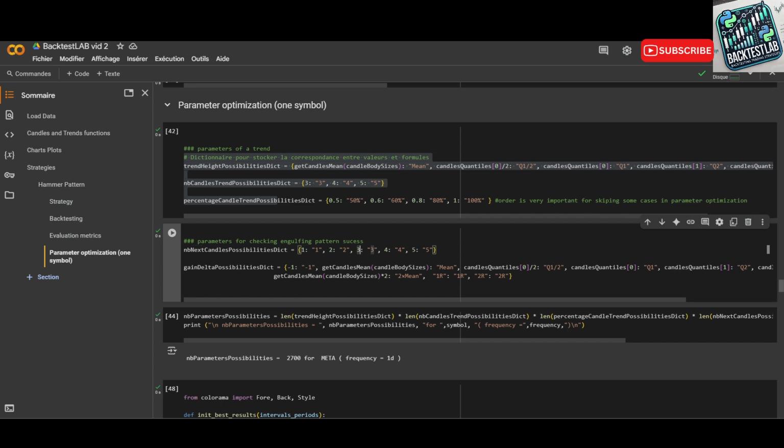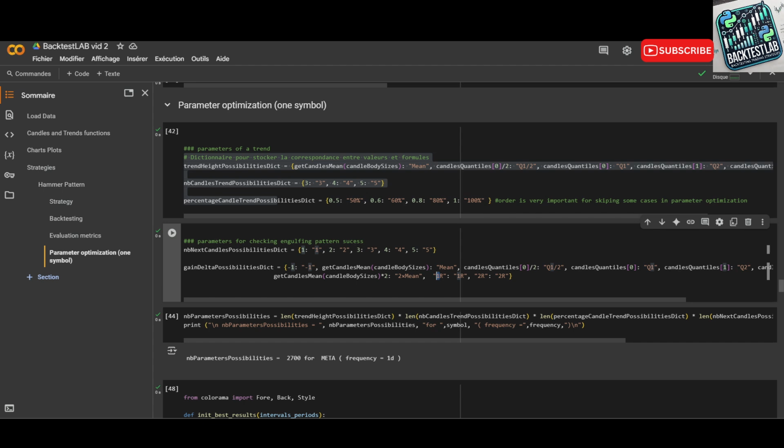We can also use the average, for example, when we hit a stop gain after hitting an average of the body size. We can use the same thing as we used here for the trend: quantile divided by 2, quantile 1, quantile 2, quantile 3. We can use double the size of the average. We can use 1R, 2R, etc. So 1R, as I said, if we are risking, for example, $1, that means we are going to aim for $1.